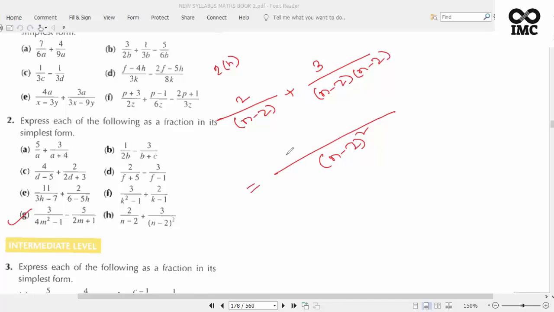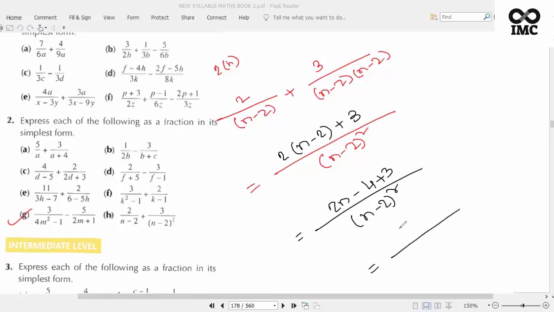So we need to multiply this 2 by another n minus 2, plus 3. Then 2 into n, 2n minus 2 times 2 is 4, plus 3 divided by n minus 2 whole square. So 2n minus 1 divided by n minus 2 whole square. This is our answer.